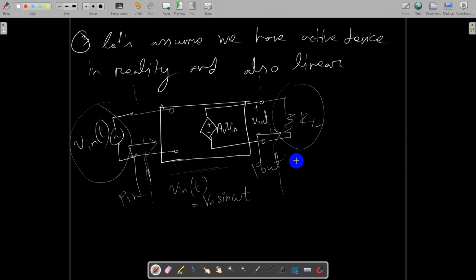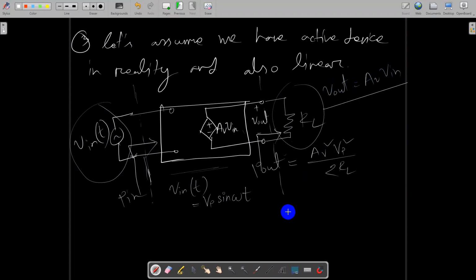So P_out is A_V squared Vp squared by 2R_L. It is the average power formula, Vm squared by 2R_L. The V_out here is A_V times V_in.